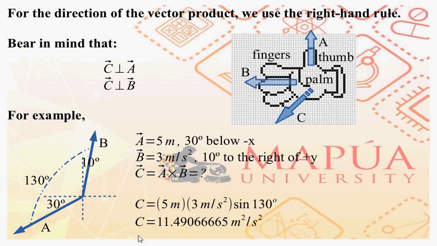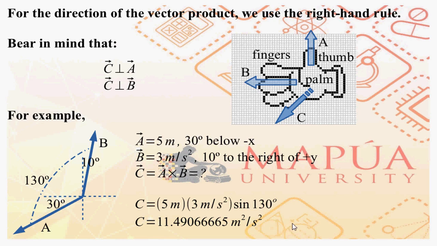And that will give you the magnitude of C. Magnitude C is 11.49066665 meters squared per second squared. Again, the units will multiply. Meters times meters per second will give you meters squared per second squared. So that's for the magnitude of vector C.